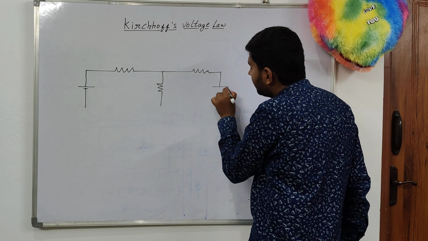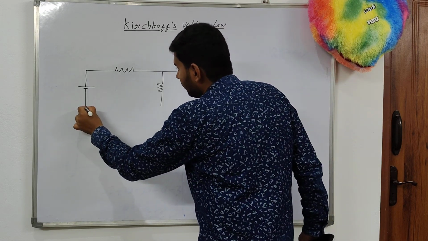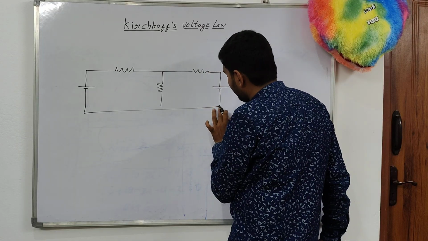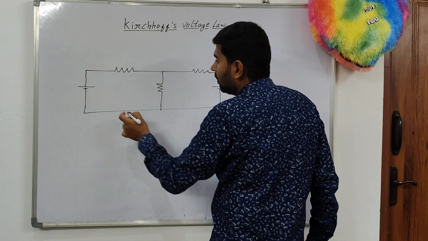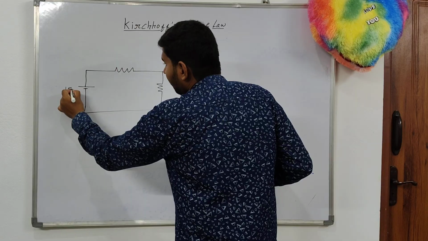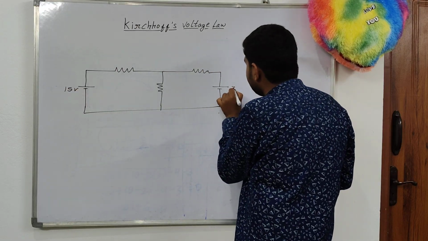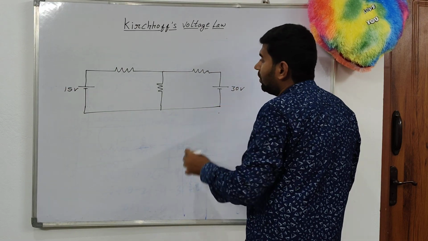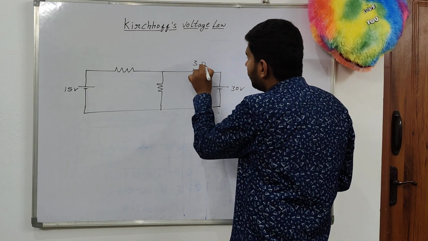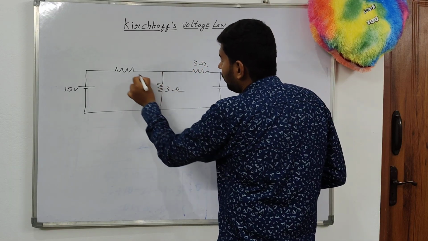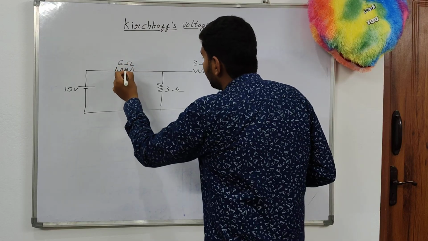I can connect this resistor to another cell. Let us assume this is 15 volts, this is 30 volts. Here 3 ohms, 3 ohms, 6 ohms.